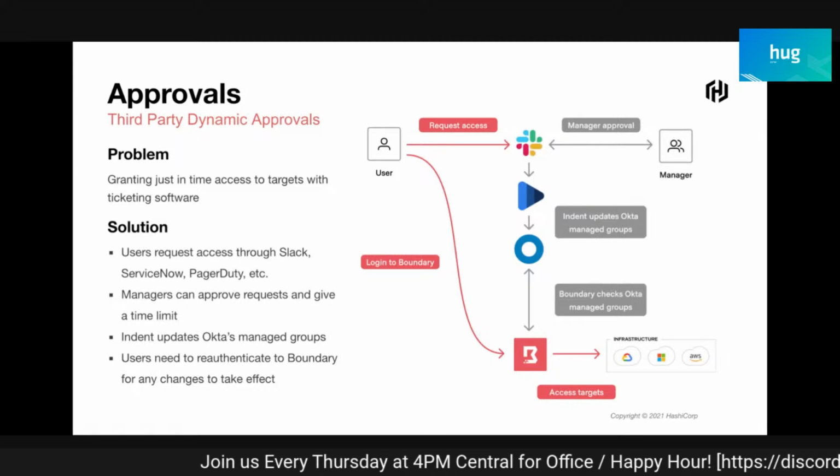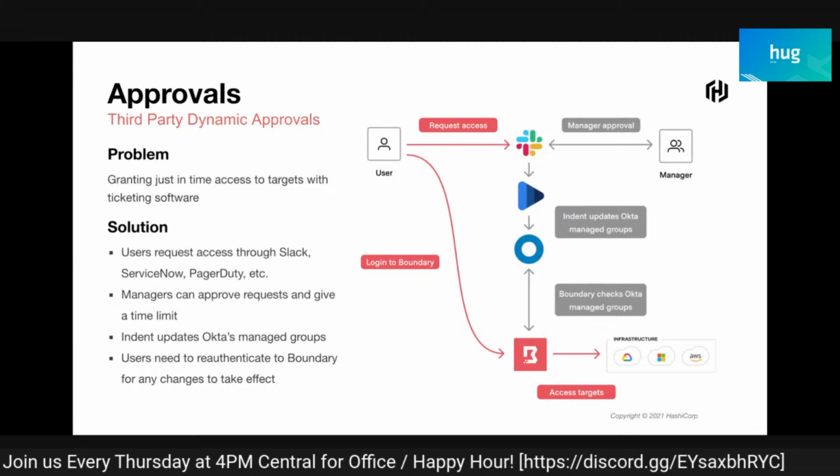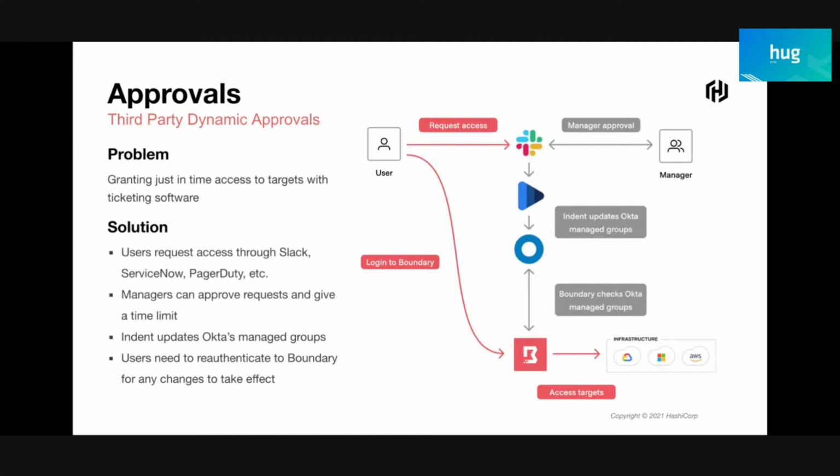Through seamless integration with Indent, we automate the approval workflow when users request just-in-time access to Boundary. The request can be initiated through familiar tools like Slack, ServiceNow, PagerDuty, or even email. Managers provide swift approvals and set access limits right away. The result is effortless management of temporary user access, reducing manual tasks and ensuring automatic revocation whenever you need it.